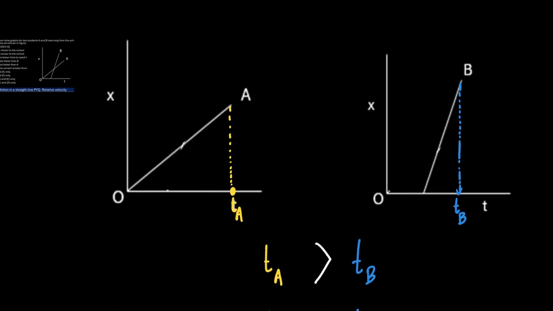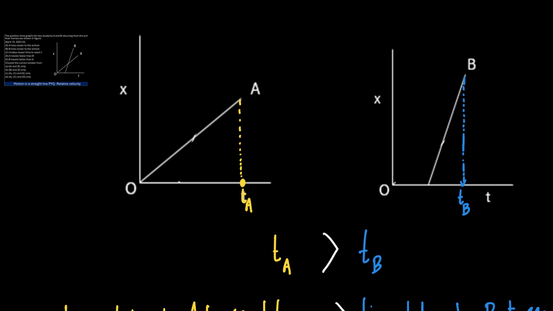Again, from the graph, we have the final position of A, the final position of B, which is at home, and the corresponding time. Maybe I can add like this. So this is the position of A's home, and the corresponding time is TA.